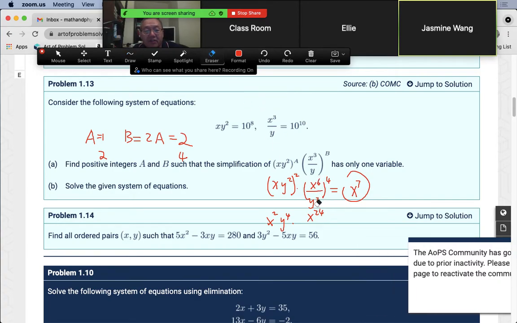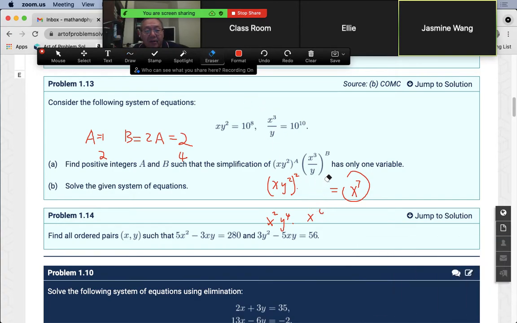I read this one wrong. So if b equals 4, this one will be x power 3 over y, then power 4, right? So this will be x power 12 over y power 4. So multiply it together, you get x power 14. So that's only related to x, right?